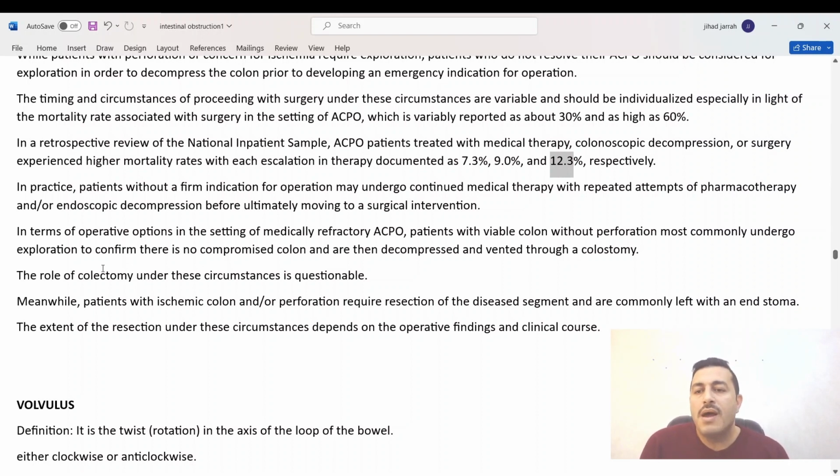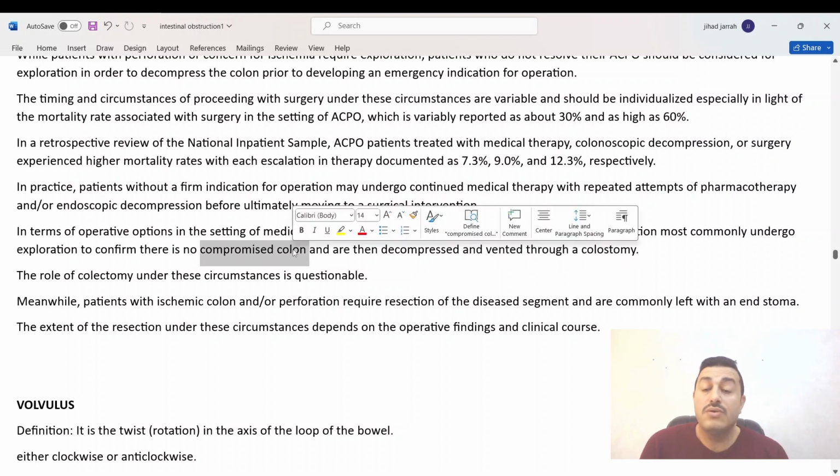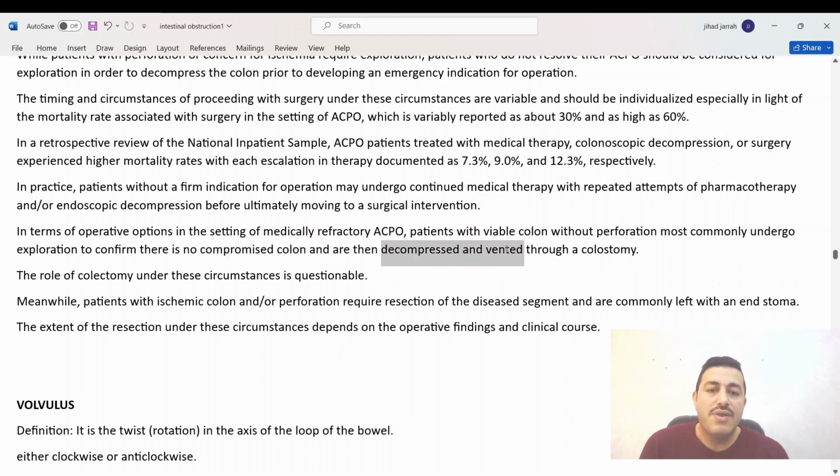So what should we do, should we do colectomies or bring a stoma, just a ventilating stoma? So exploration to confirm there is no compromised colon, no sign of ischemia, and then to decompress and ventilate through a colostomy.